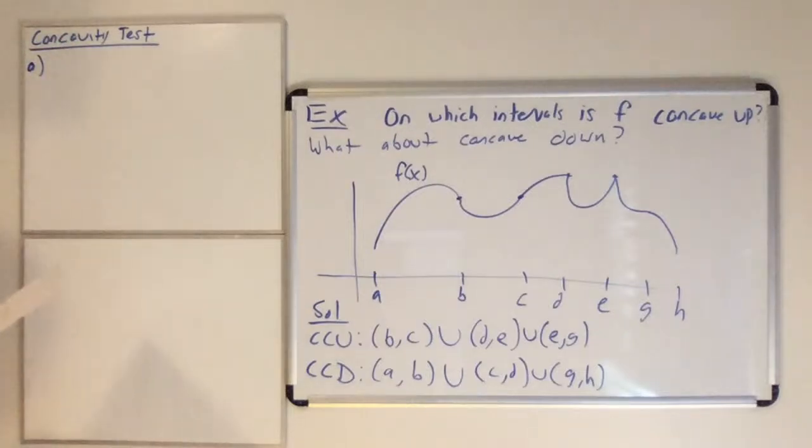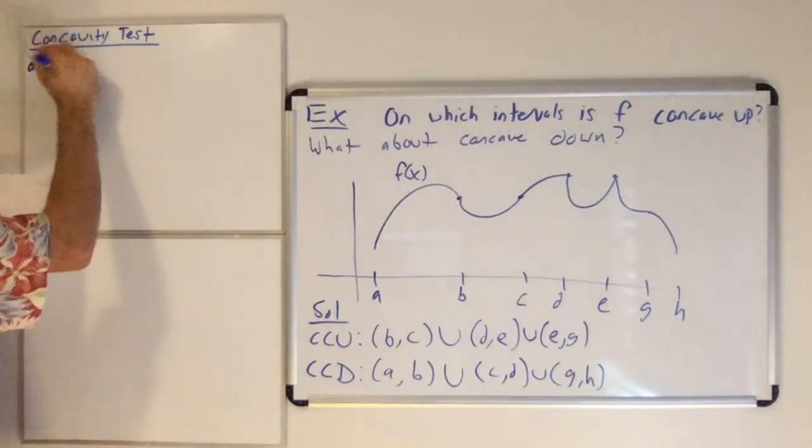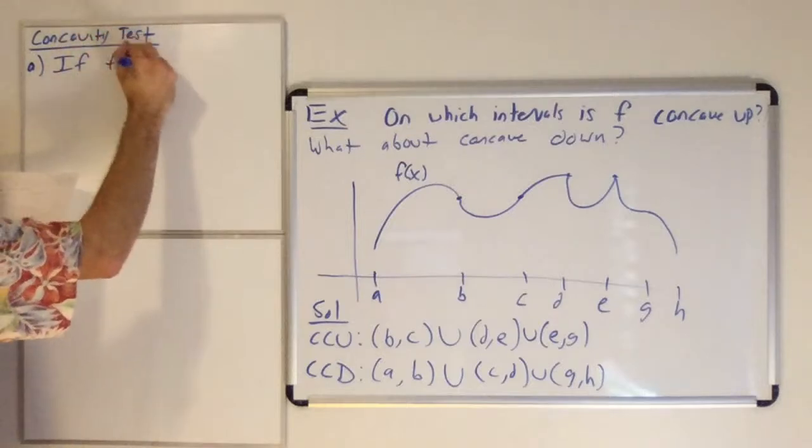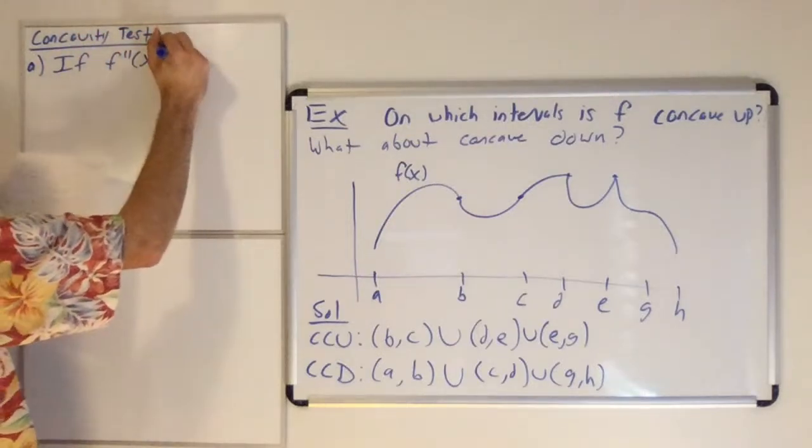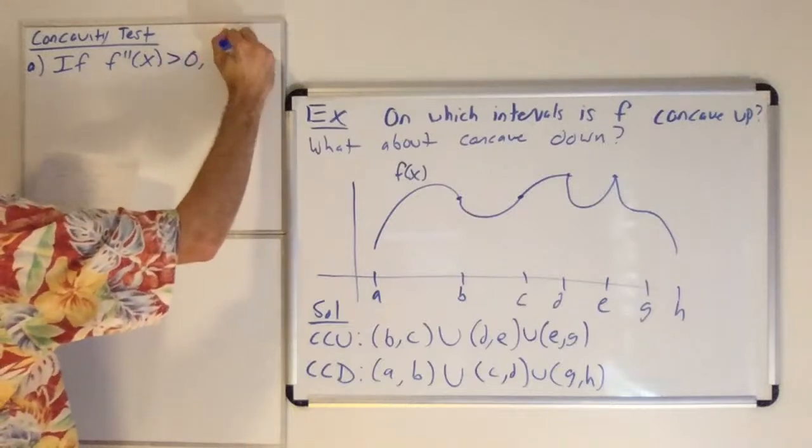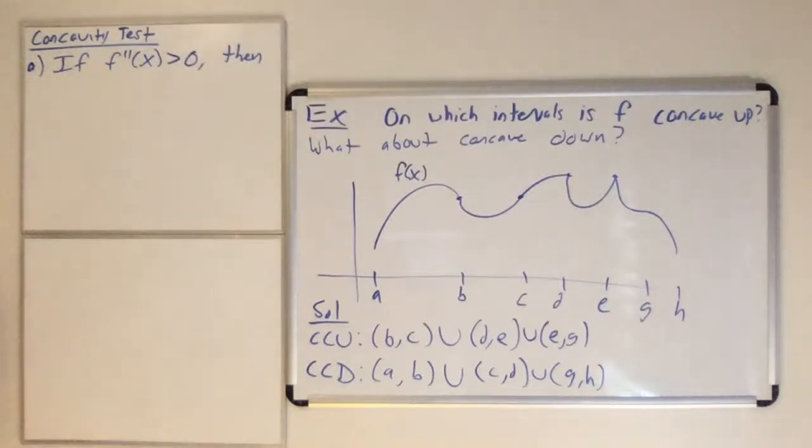The first part says if f double prime of x is greater than 0, then the graph of f is concave up.